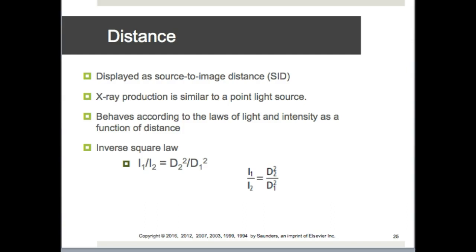So there's distance, so SID. X-ray production is similar to a point light source. So if you hold a flashlight 1 inch from a surface and bring it out to 6 inches, the light is going to diverge. It's the same idea. So it behaves according to the laws of light and intensity as a function of distance. So what we have here is the inverse square law. So the intensity 1 over the intensity 2 equals the distance 2 squared over the distance 1 squared.